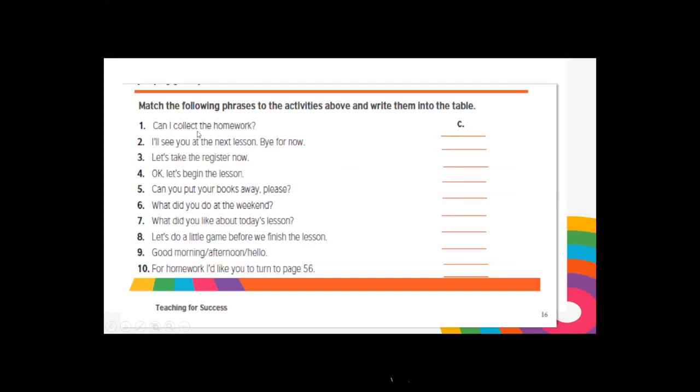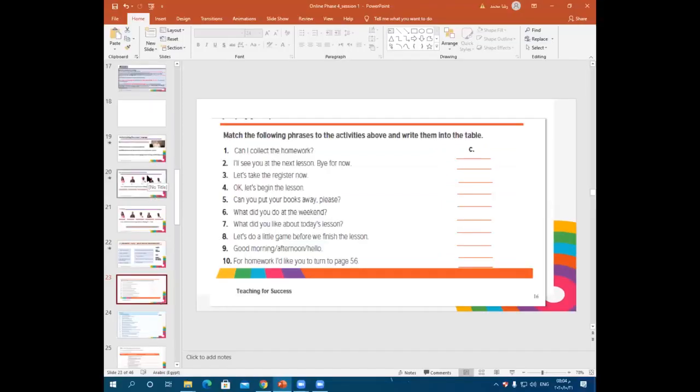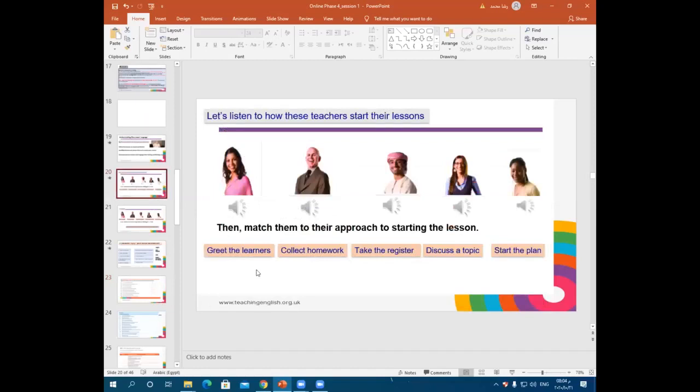No, not the language. I'm talking about the approaches which we said before on that part. I'll show them to you. The approaches which are here. Is it greeting learners, collecting homework, taking the register, discuss a topic, start a plan?